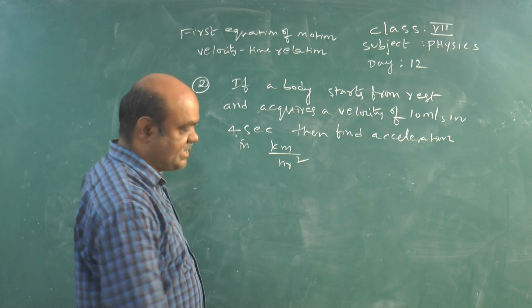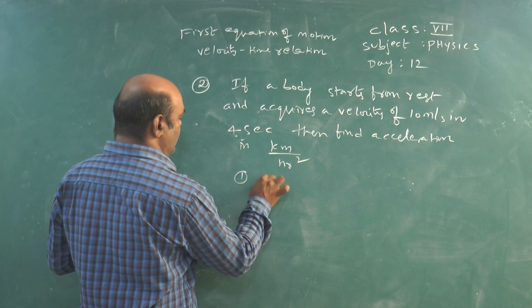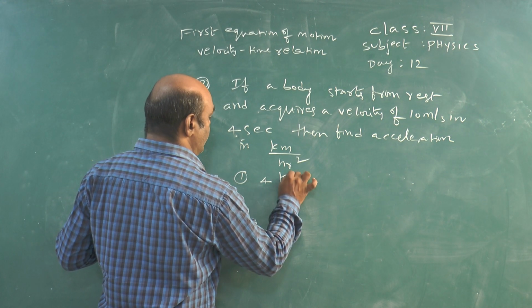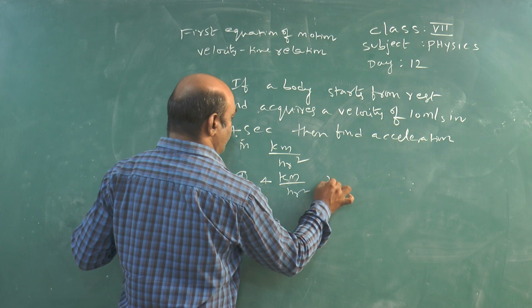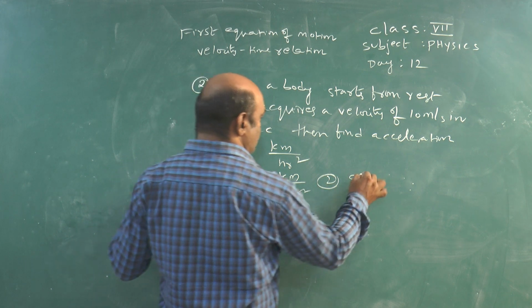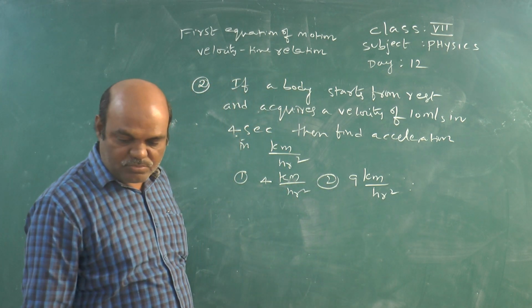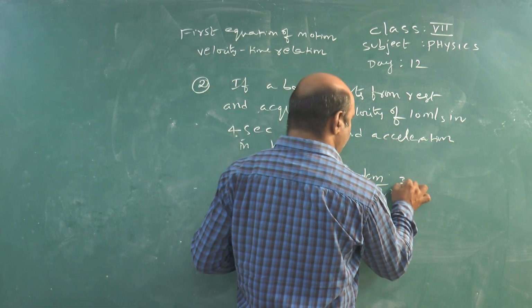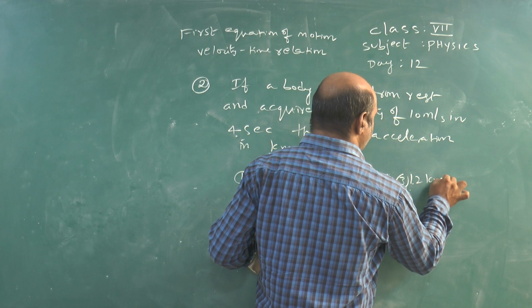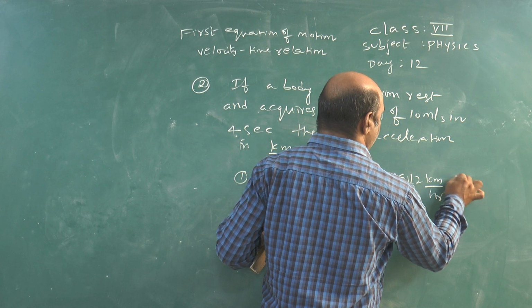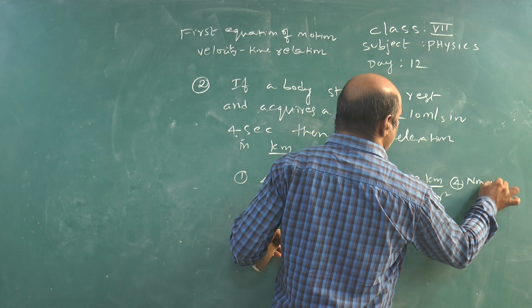First option is 4 kilometer per hour square. Second option is 9 kilometer per hour square. Third option is 12 kilometer per hour square. Fourth option is none of these.